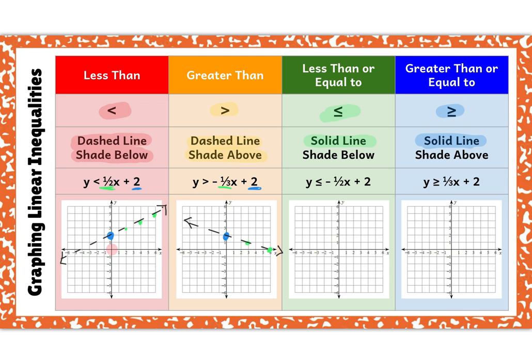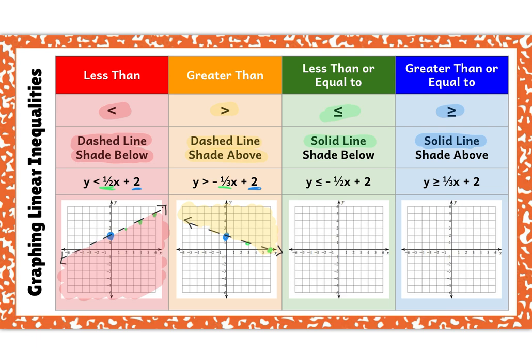So I'm going to say that I'm shading below. I'm just coloring in my section. Whereas for greater than, we're shading above because we're talking about what points are greater than the intercept of 2. Well, 3, 4, 5, so these are the points that are above.